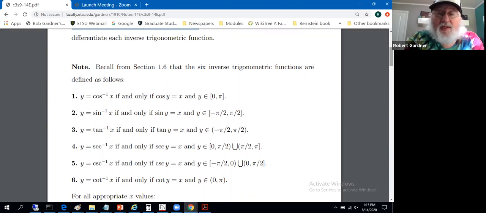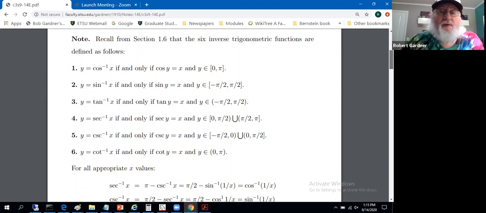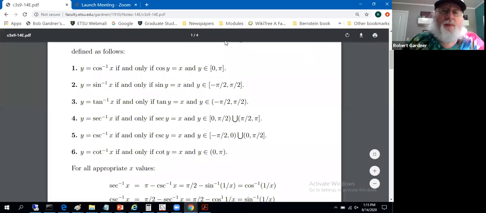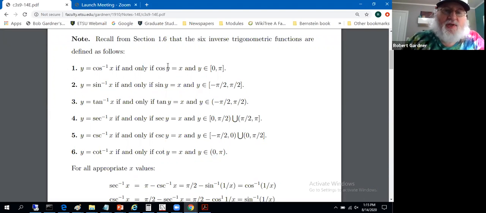Let's recall from section 1.6, we had the following. We'll have graphs of these functions here shortly. Section 1.6 goes through a rather detailed explanation as to why these are the definitions of the inverse trig functions. But cosine inverse, quick warning, is not to be confused with reciprocal. That little -1, as usual, means inverse function.